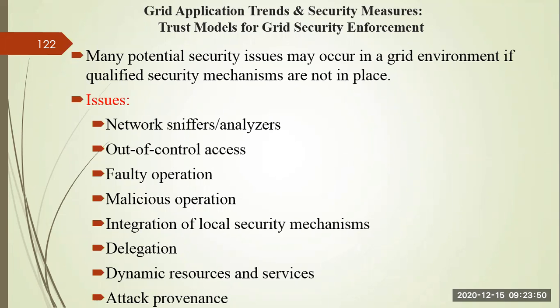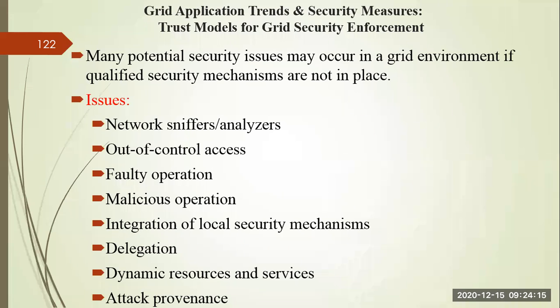Out of control access. You as a user are authorized to use the resources, but another person is using those resources on behalf of you, right? Faulty operations may happen, malicious operations may happen. Integration of local security mechanisms is an issue, and so is delegation, because every organization has its own security issues, right?